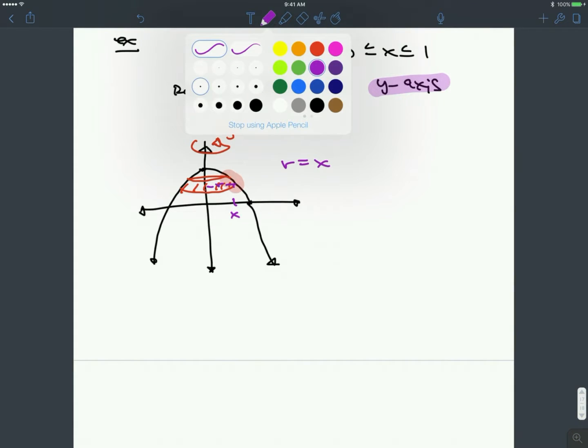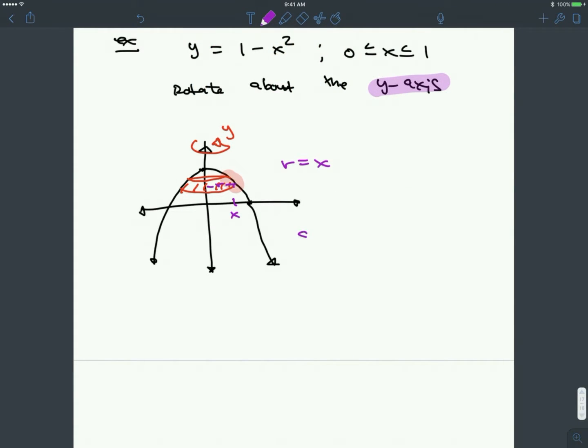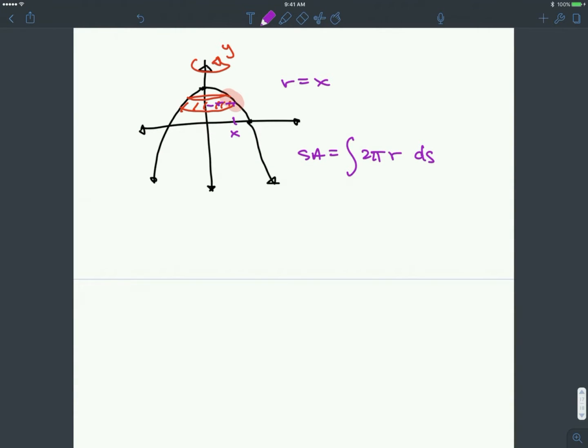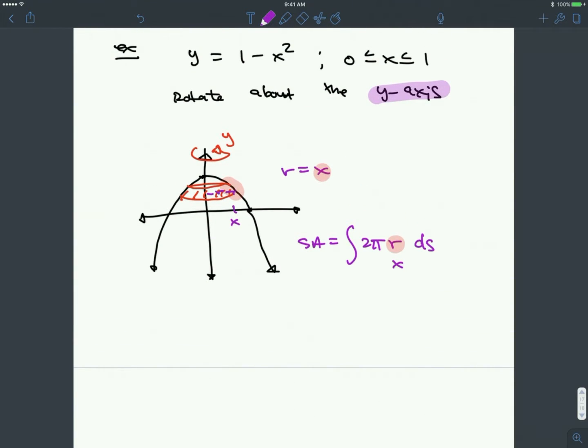So we say surface area is going to be the integral of 2 pi r ds. Well, r here is x, so I'm going to replace that with an x. This function is written as y equals 1 minus x squared.